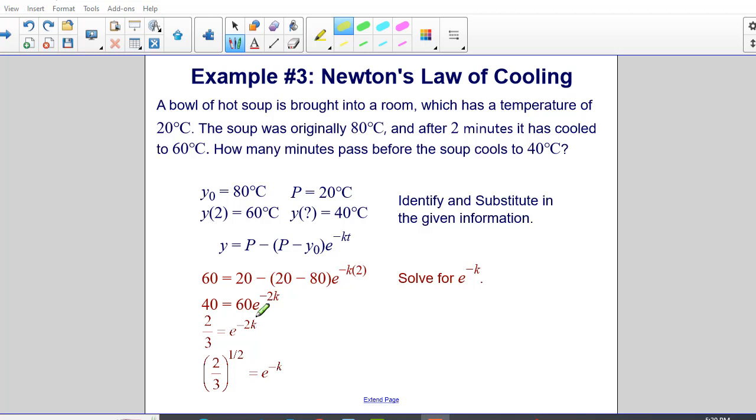To go to the last step, I took the square root of both sides, or raised it to the 1/2 power would be more accurate, and I get 2/3 to the 1/2 power is equal to e to the negative k. So I am going to take this value, 2/3 to the 1/2 power, and substitute that in right here for e to the negative k power.